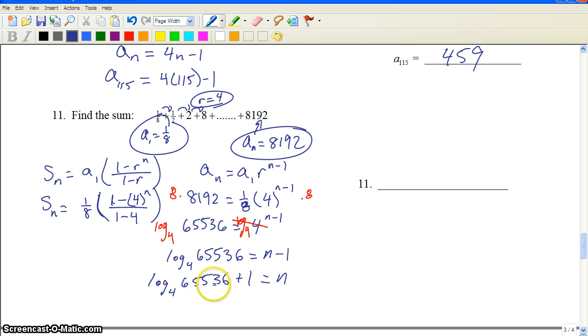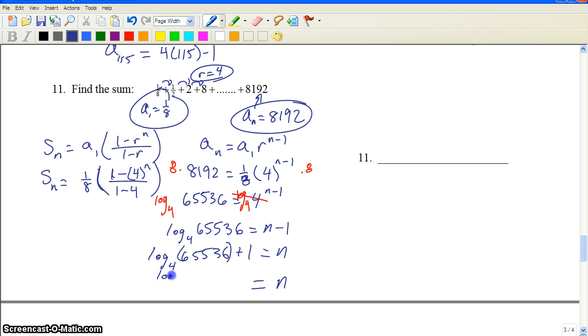We can't add the 65,000 and the 1, because the 65,000 is in the argument of that logarithm. But if you remember, if you don't have MathPrint and you've got to do logarithms on your calculator, you have to do it using common logarithms. So we use log base 10, which is the button on our calculator. We're going to calculate that, and then add 1 to it.